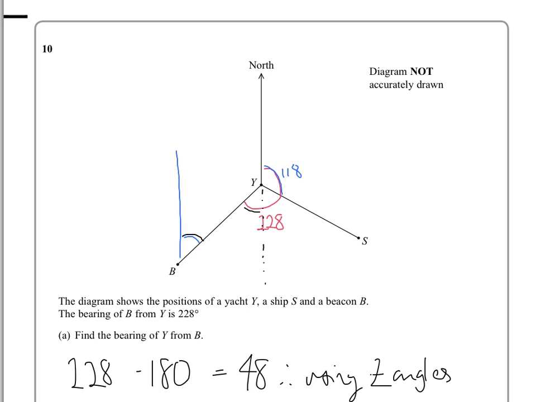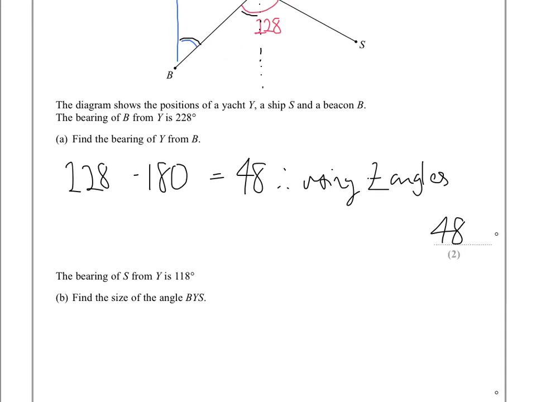Well, that whole angle there, we know what this one here is. This is 48. So this whole angle is going to be 48 plus that. Well, what is that bit? We don't know, but again, we know that all of this is 180. We know that this is 118, therefore this bit here will be 180 minus 118.